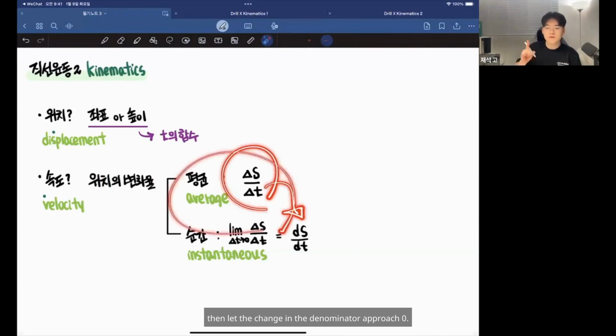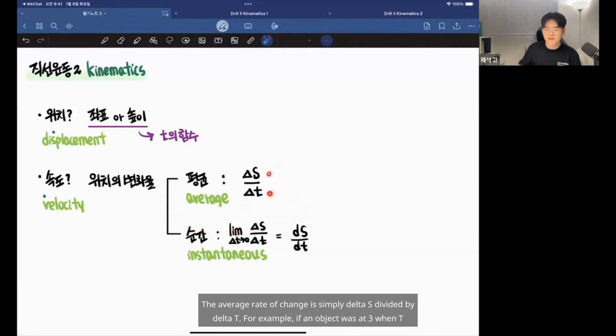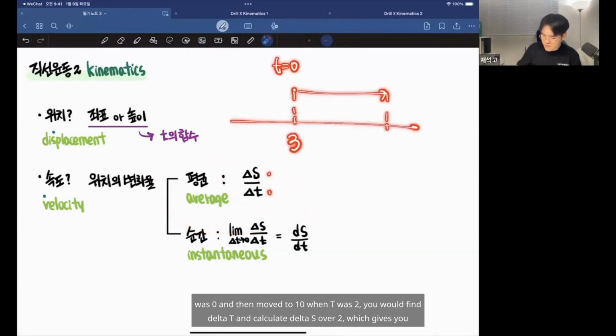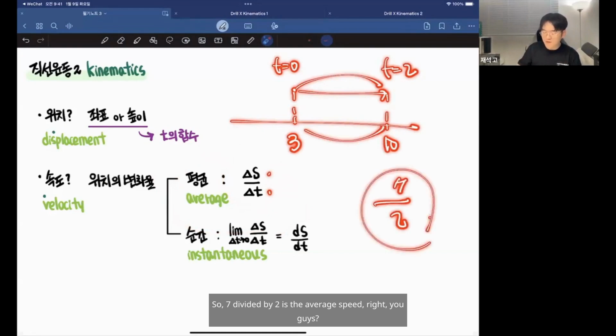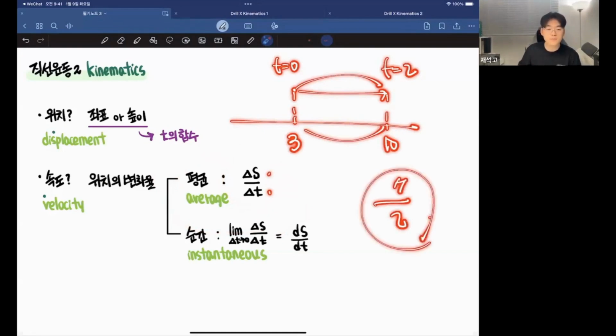So we calculate that first. The average rate of change is simply delta s divided by delta t. For example, if an object was at 3 when t was 0, and then moved to 10 when t was 2, you would find delta t and calculate delta s over 2, which gives you 7 over 2. So 7 divided by 2 is the average speed, right, you guys? Are you all good up to this point?